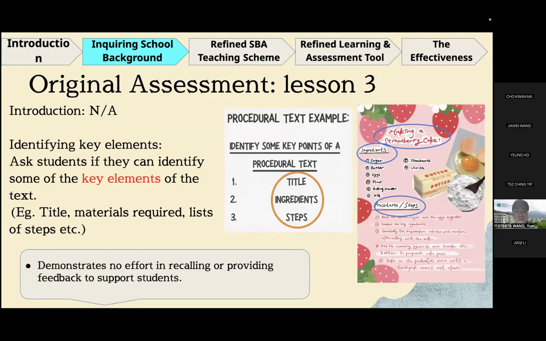And for lesson 3, one of the assessments is identifying key elements of the text type recipe. We think that it demonstrates zero effort in recalling or providing some context that can support students' learning on past tense.